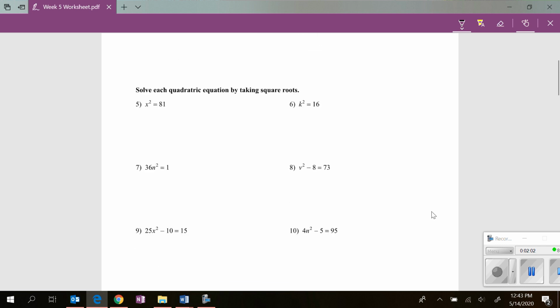Moving on to solving these quadratic equations. These are things you might have seen before, but are a little rusty in. When we've got powers like this, the opposite of a power, an exponent, is the square root. Just like how if you add, you subtract and vice versa, so I'm going to put double arrows.